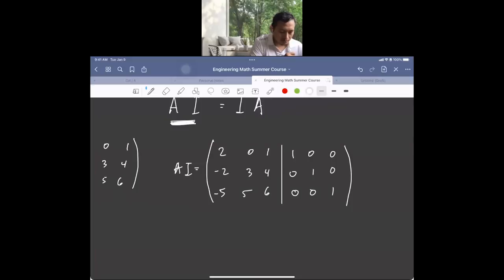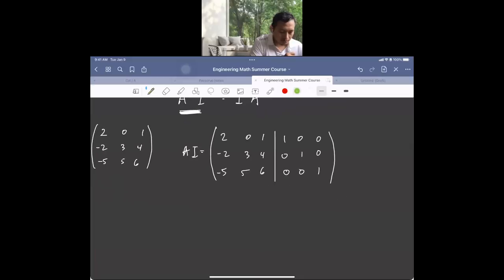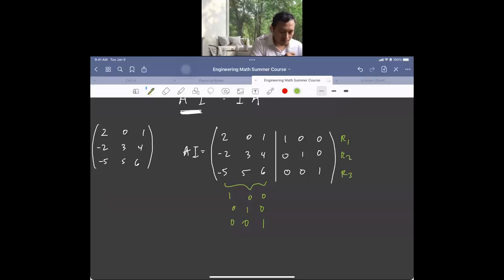Okay, what is our goal? Our goal is to make the left part here into 1, 1, 1, 0, 0, 0, but we do this in terms of row operations. So this will be row 1, row 2, row 3, as we previously used. We are going to subtract, add, multiply with scalars, maybe divide.